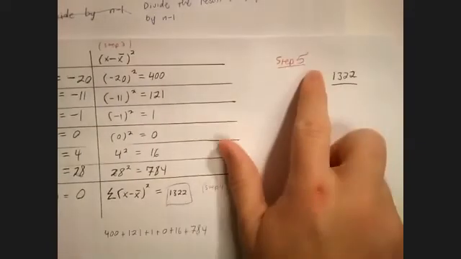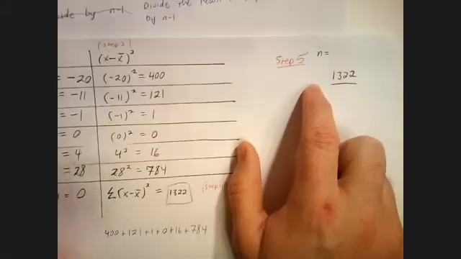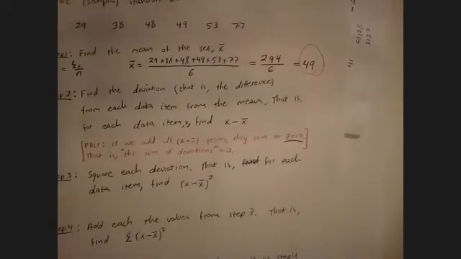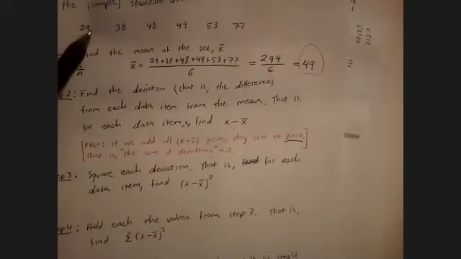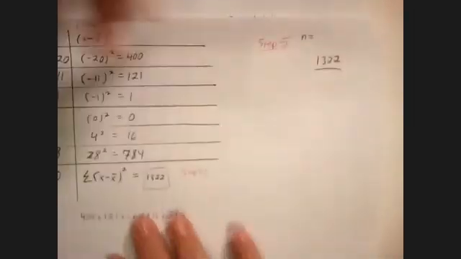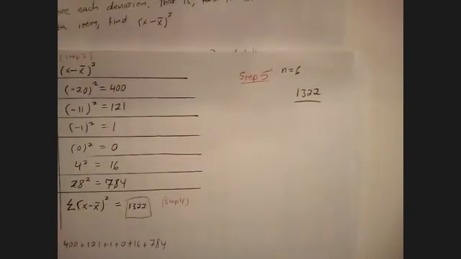Well, I didn't write it down, but in this case, maybe I'll put it right here. N is equal to, we got to look at however many things we got. 1, 2, 3, 4, 5, 6. Okay, so if n is equal to 6, then I'm going to divide by 6 minus 1.